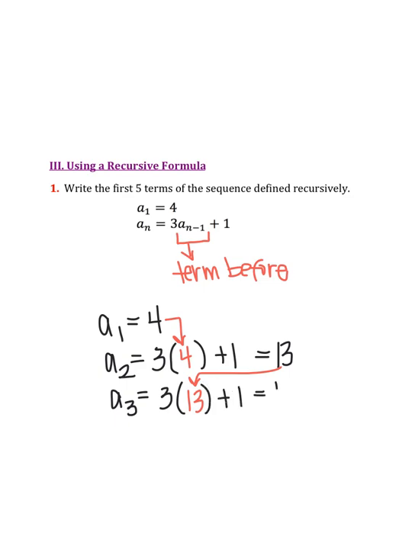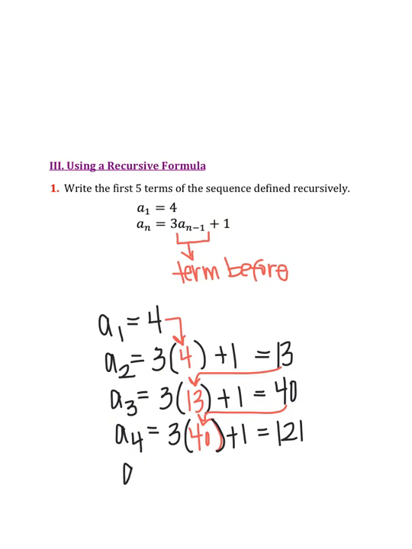So 39 plus 1 is going to be 40. And then the fourth term is going to be equal to 3 times the term before it, so 40, plus 1. So that'll be 121.